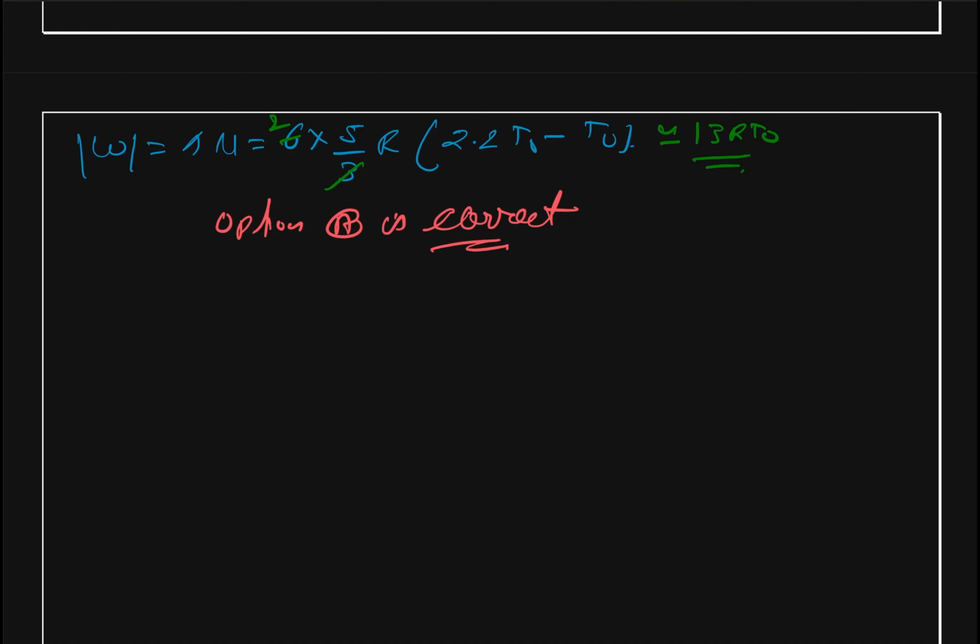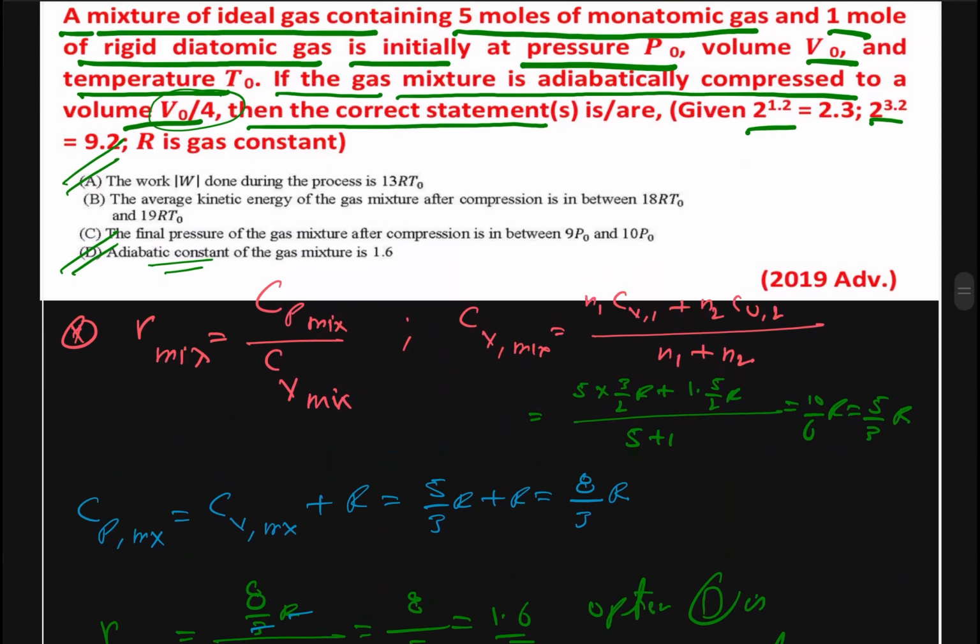Next is our average kinetic energy of the gas mixture after compression lies between 18 R T naught and 19 R T naught.